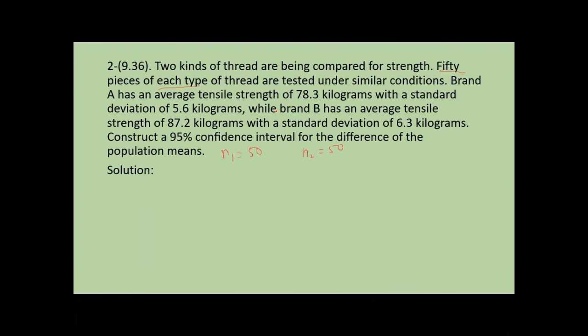Okay, two different samples. Brand A has an average tensile strength, so the average of the first one, x1 bar, is 78.3. And x2 bar, the average of brand B, is 87.2.